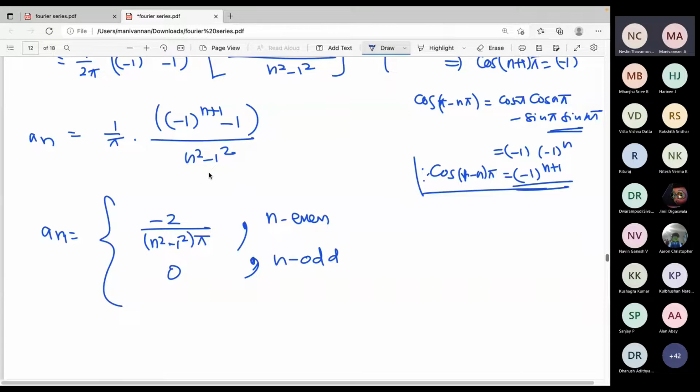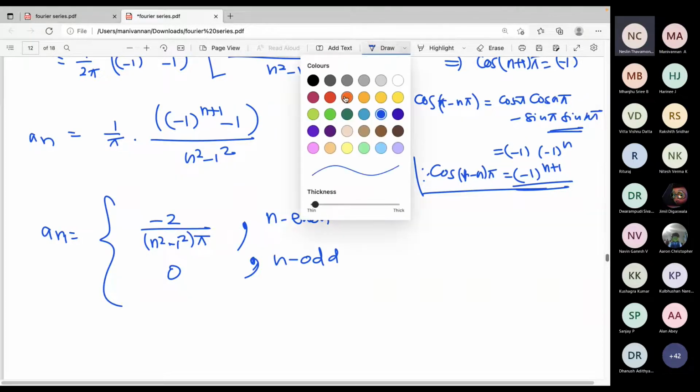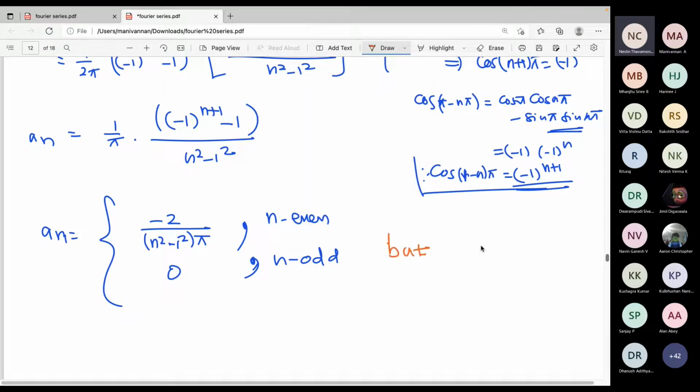Will it be enough? But n not equals to plus or minus 1, because when n equals to 1, this tends to 0. When n equals to minus 1, this tends to 0. Is it clear?